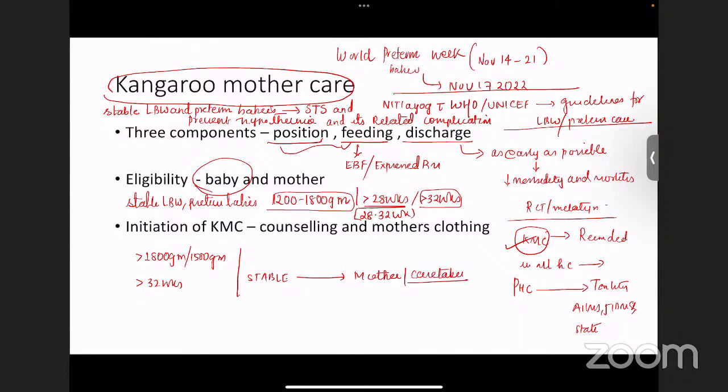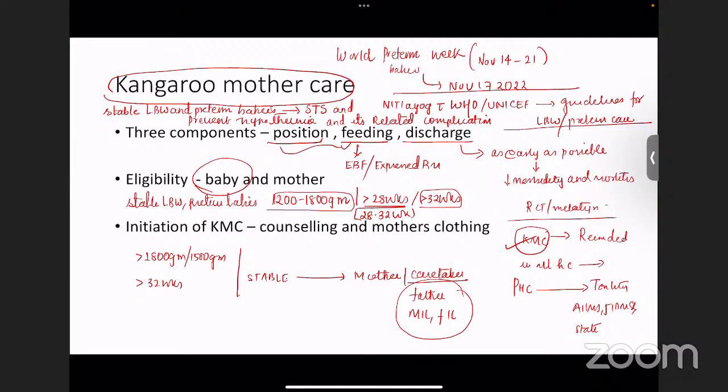If the mother is unwell or suffering from something, the caretaker could be anyone, even the father, mother-in-law, father-in-law, or mother's father, who are ready to take care of the baby without any fear, and can give kangaroo mother care. And the mother, if she is stable and confident, has to become confident only if you counsel her properly, then only will she come for kangaroo mother care. So these are the eligibility.